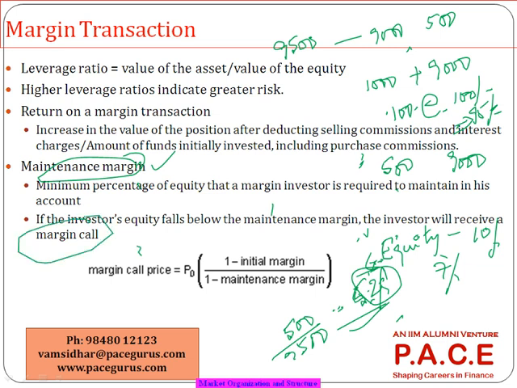You deposit some extra fund. If you are not depositing any extra fund into your account, then probably he is going to close down your share, close down the transaction, take his 9,000 back, and whatever is left, it is left in your account.